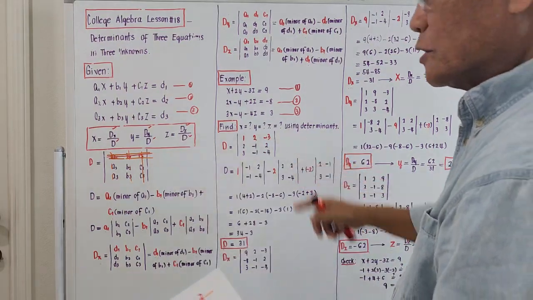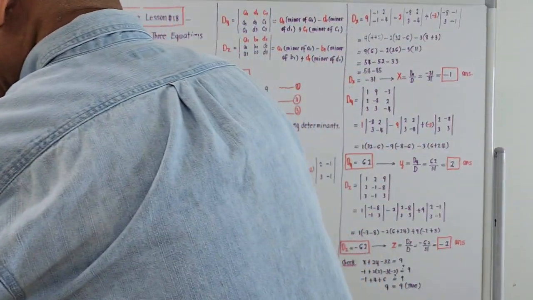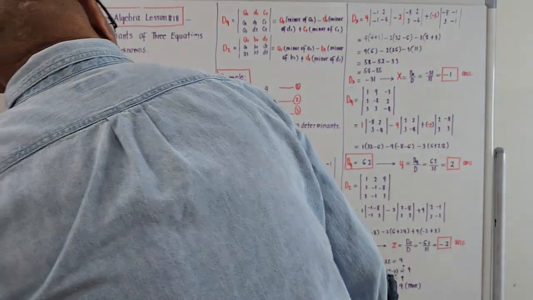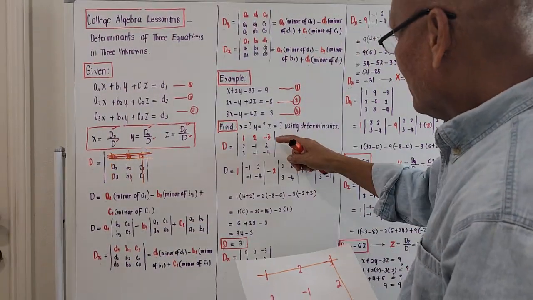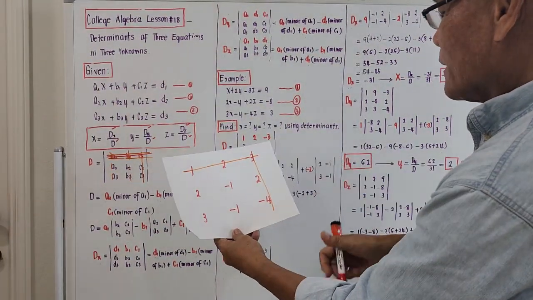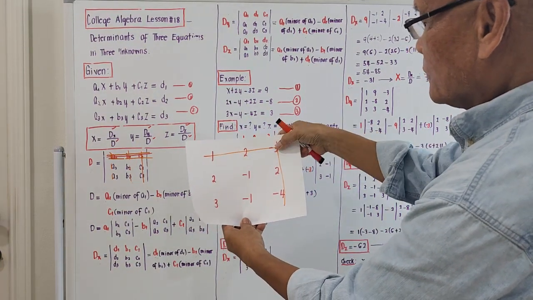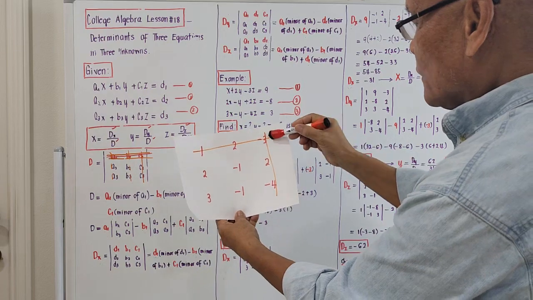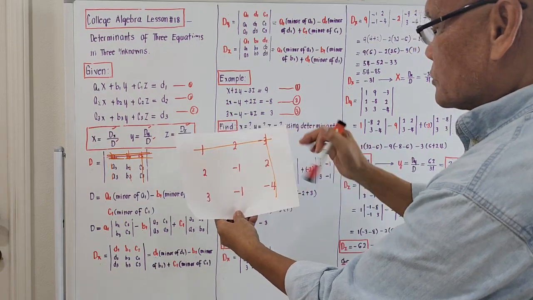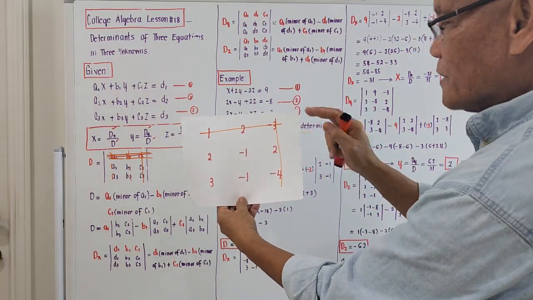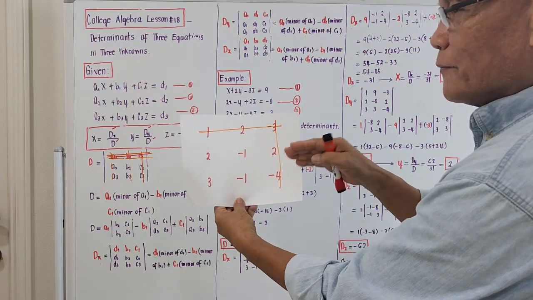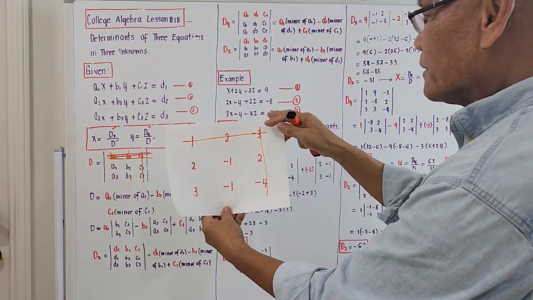Let's proceed with the minor of negative 3. It's still the same. We cross out this row here, which involves the 3 and negative 3, then we cross out this column. All those numbers that were not crossed out should be the elements inside the minor of minus 3.